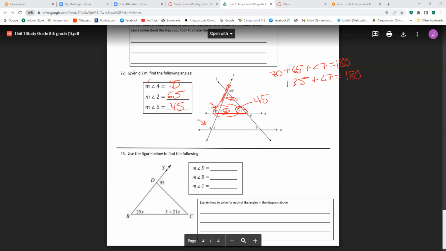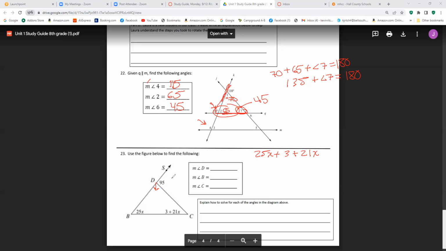All right, and then number 23 asks about the measure of angle D. These three angles together equal 180 degrees because they make up a triangle, right? So I'm going to say the measure of angle B, which is 25x, plus the measure of angle C, which is 3 plus 21x.